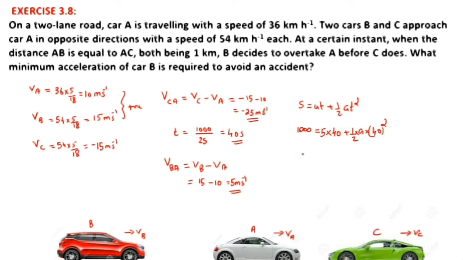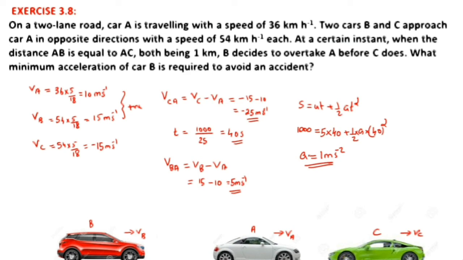If you calculate this, you will get acceleration equal to 1 meter per second square. That means car B has to accelerate with a minimum acceleration of 1 meter per second square to avoid an accident.